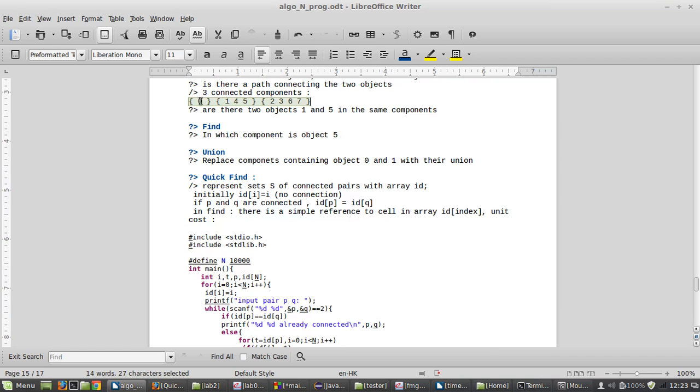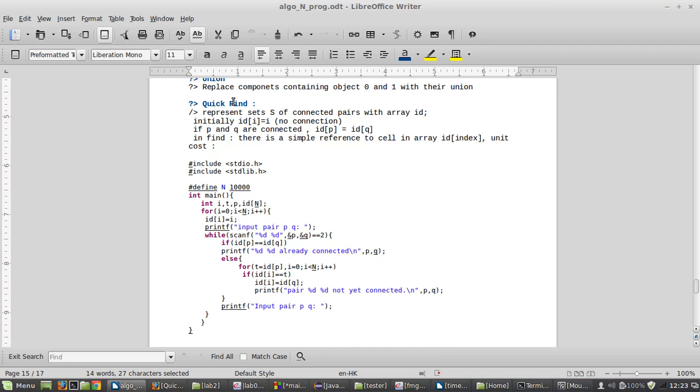And now we have find. In which component is object 5? The concept behind find and union is that for find, which component is object 5 in? Object 5 is in the second connected component. Now union is to replace the components containing objects 0 and 1 with their union.